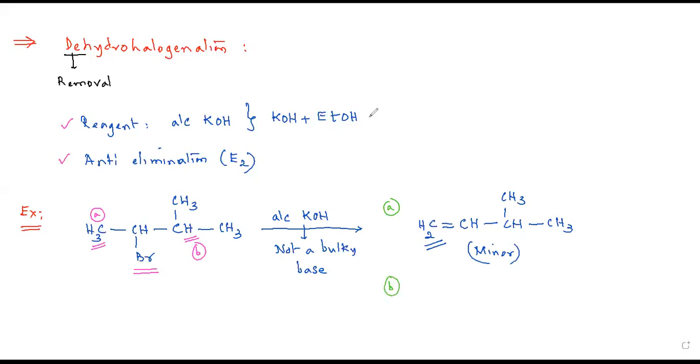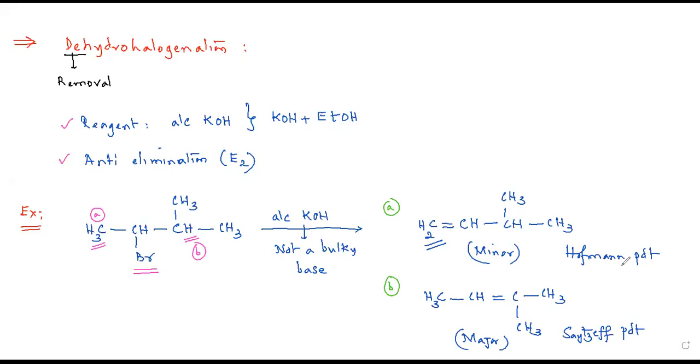Then the possibility B, yes, we get the major product, a more substituted one, right? Because it is not a bulky base, the Hofmann product is minor, Zaitsev is major.